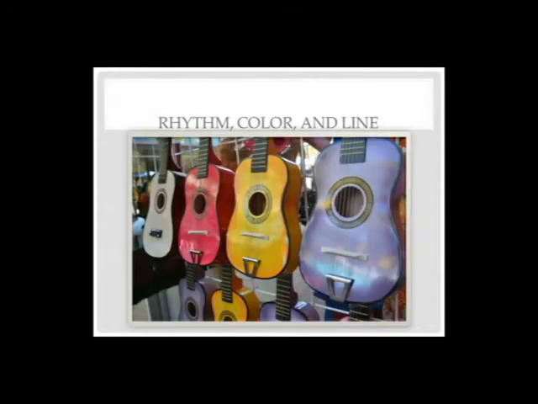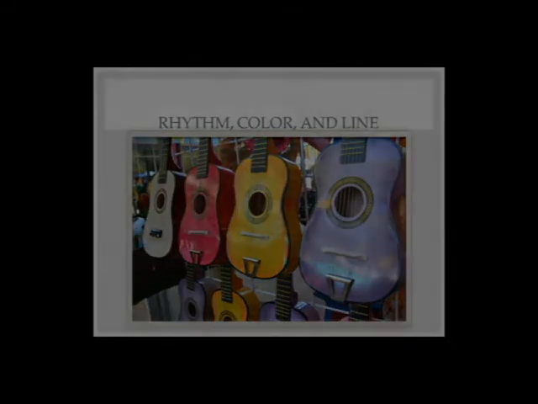At this picture of guitars, we can see that we have a couple of different elements here. We've got rhythm just from the shape of the photograph and the fact that they're placed along each other, providing that pattern. Color with the different colors of the glazes that are provided for the consumer, and then the curvy lines along with that circular shape in the middle.